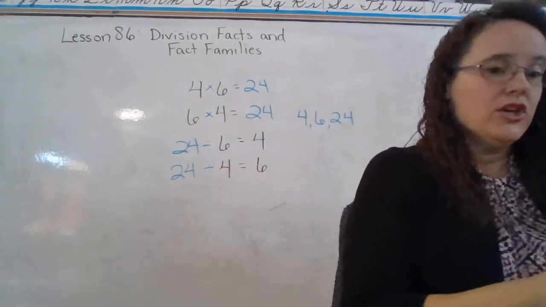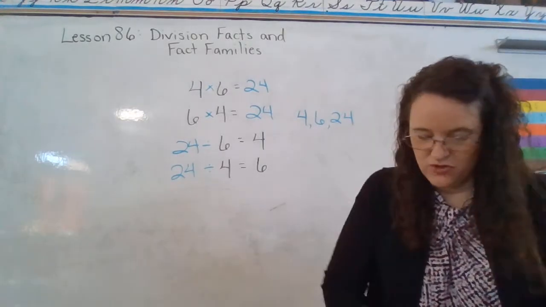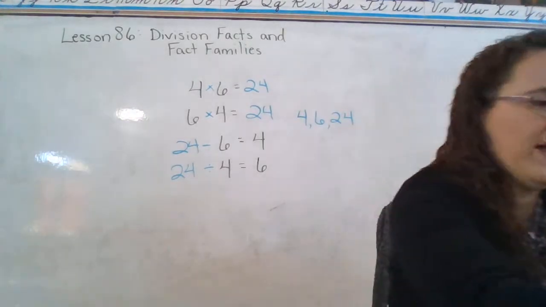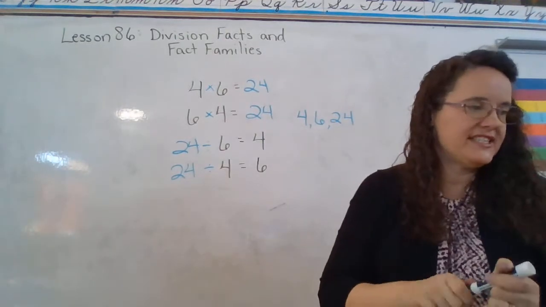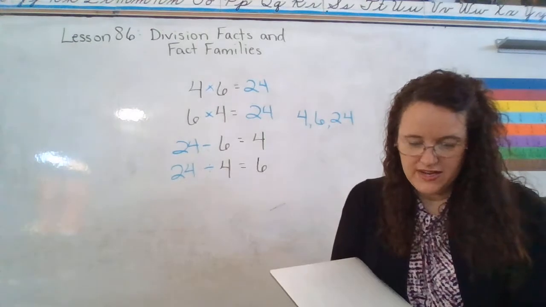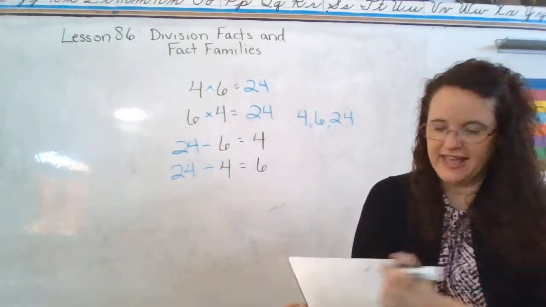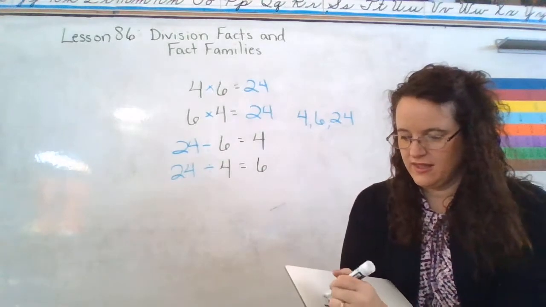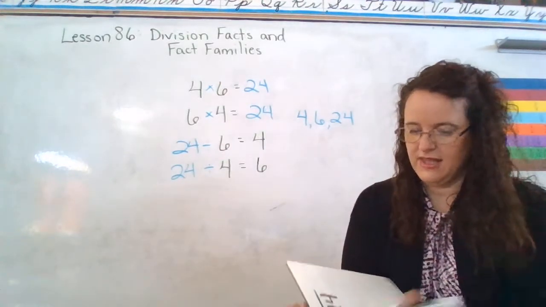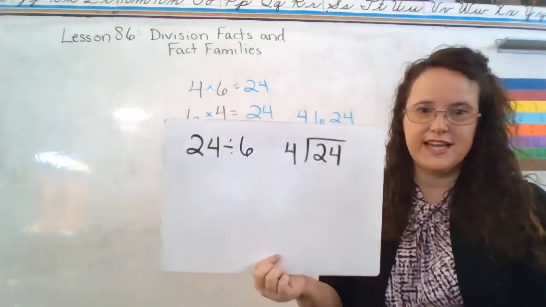Okay, so in our examples, we are going to see division written a couple different ways. So the first example says find each quotient, and they wrote it, the first one like this for part A, and then the second one like that for part B. So we're just going to take this one at a time.